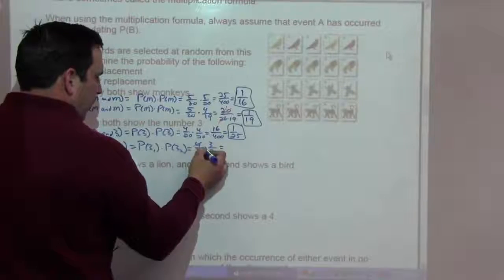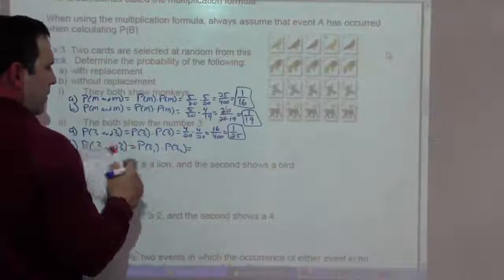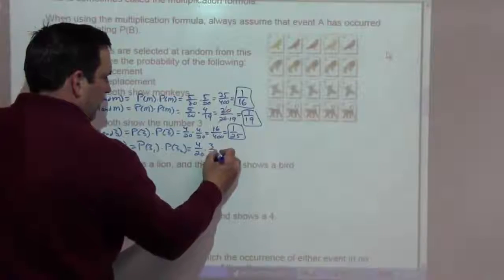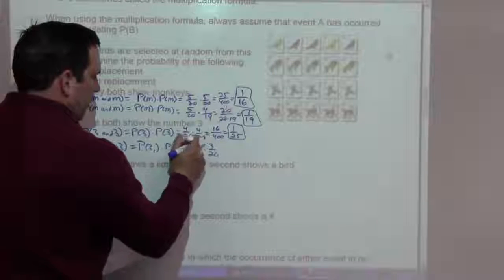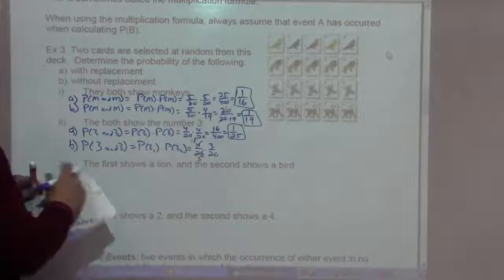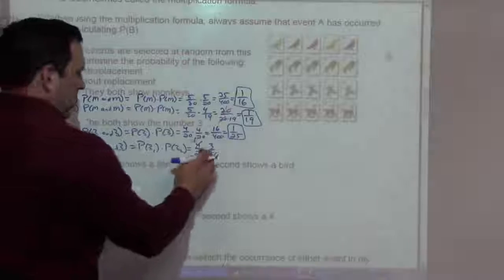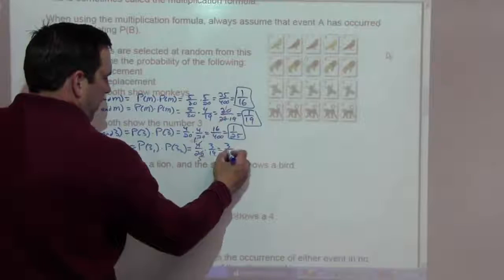Let's see, the 4 and the 20 can cancel. 4 over 20 times 3 over 19. That's a 1 up here, and a 5 down there. So we end up with 3 over 95.